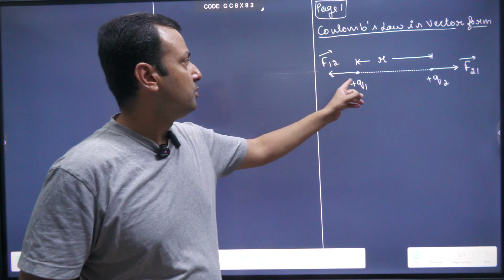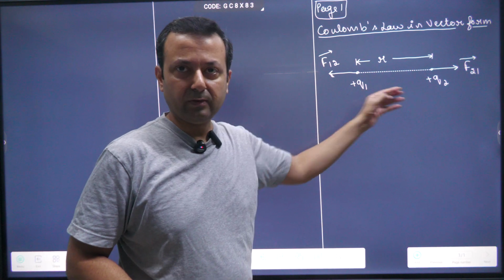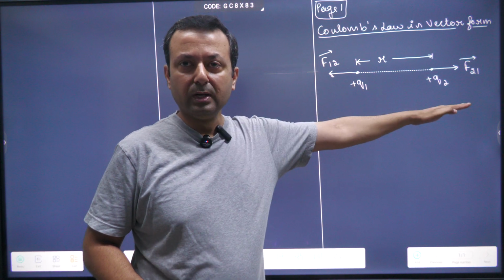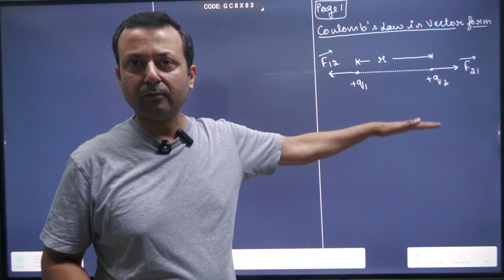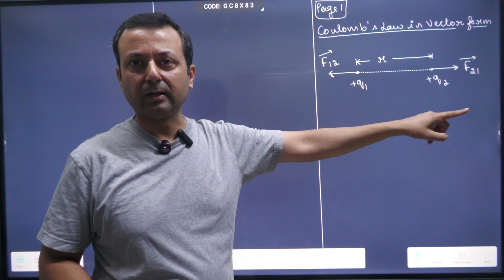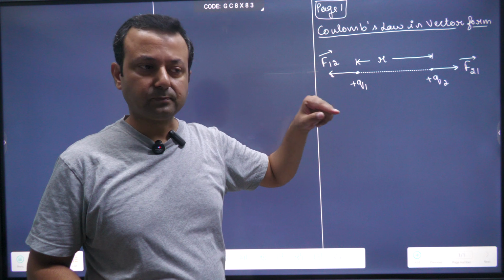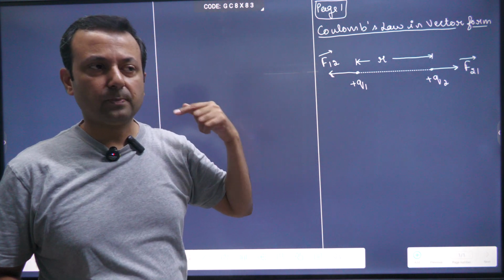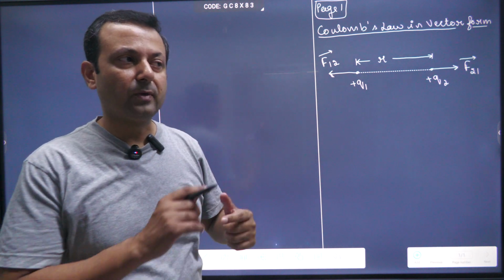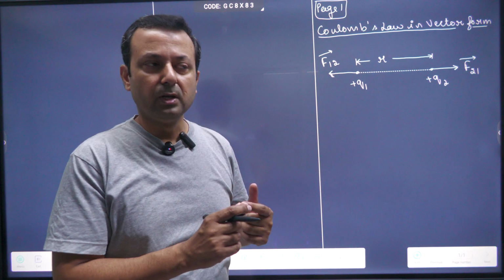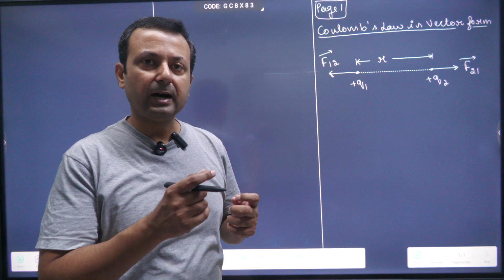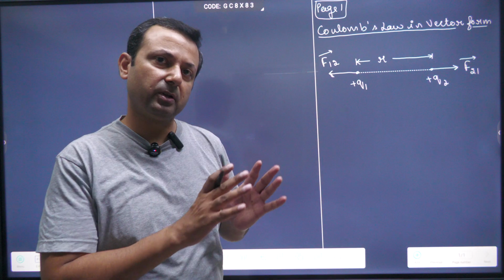So if we are moving from q1 to q2, then the distance vector will be treated as r12 vector, and to provide direction to a magnitude, we write it as r12 cap. R12 cap is only a unit vector.